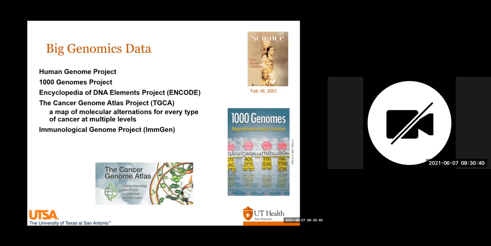The sole goal of many of these projects is to really generate data and then release it to the public. So these projects provide us with a large amount of data by which we are now able to perform AI projects, AI research.